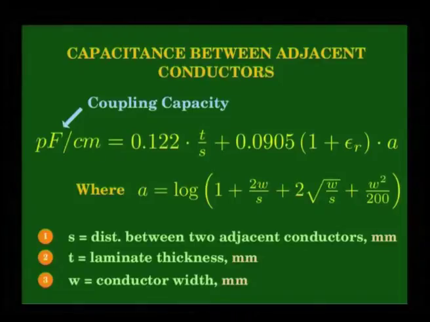Now, these are the symbols and the empirical rule. It may be tough for you to find out the relationship just by looking at this equation. So, it is advisable that you put it into a program and try to get a nomograph which will give you an idea of how the capacitance varies with width and space and any other variable.